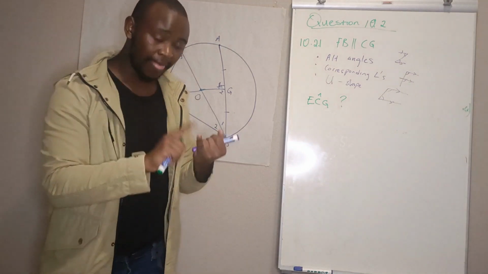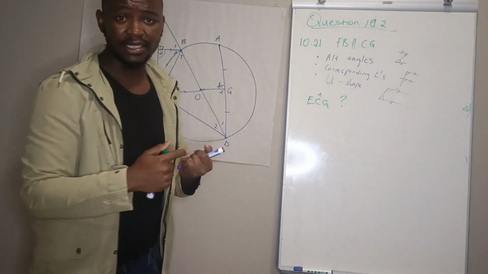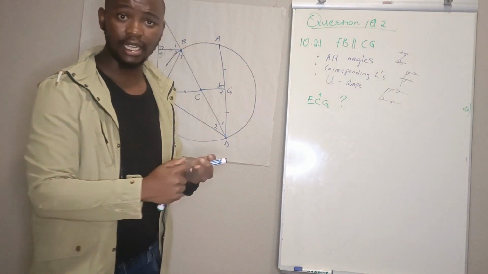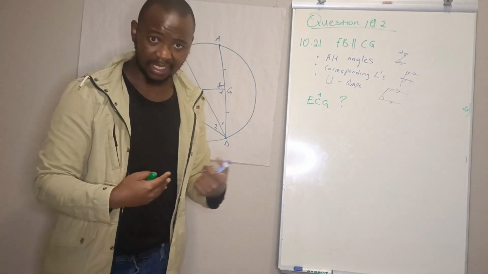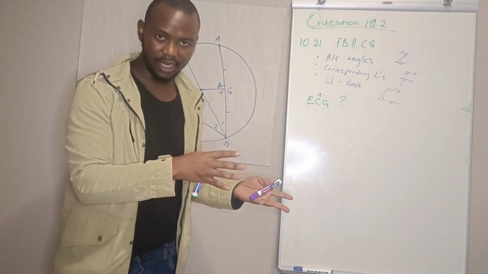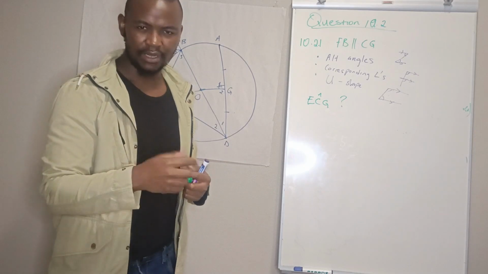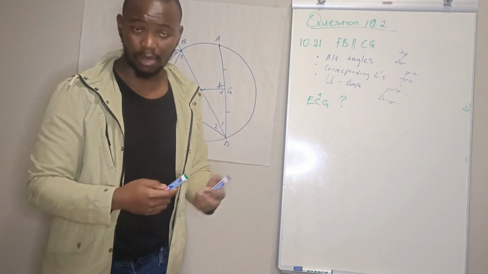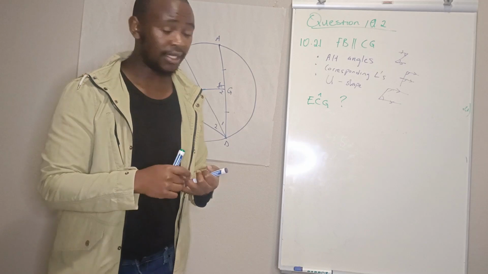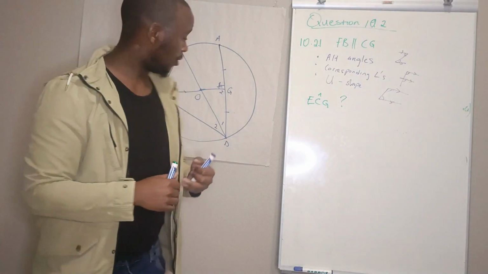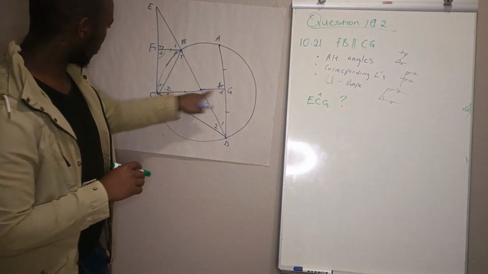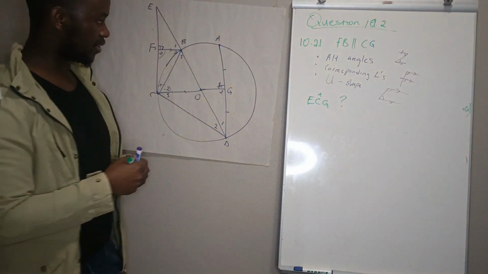So important things: the radius must intersect the tangent, and there needs to be a tangent. What is a tangent? What is a radius? We can go deeper into that, but if you are interested in knowing more about tangents as well as radii, please comment in the comment section below. But for now, we already see that GC is perpendicular to EC.